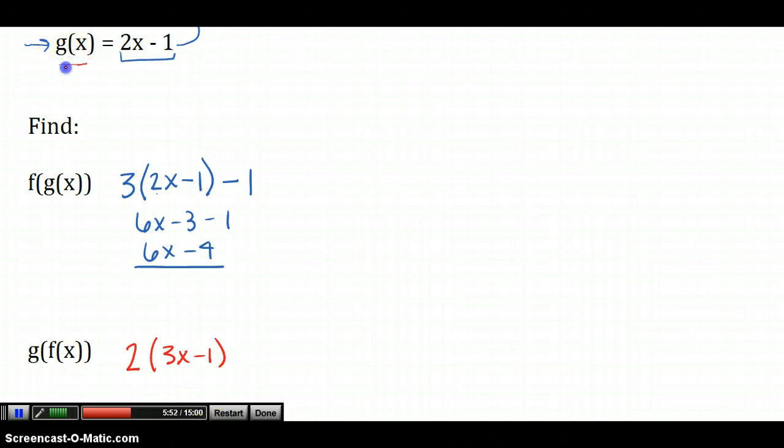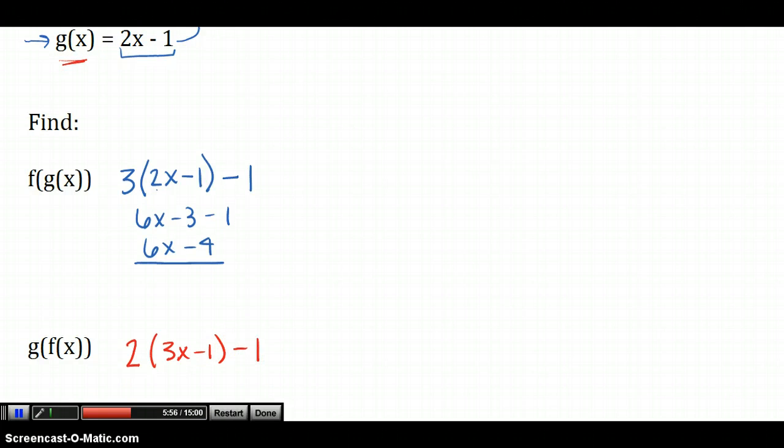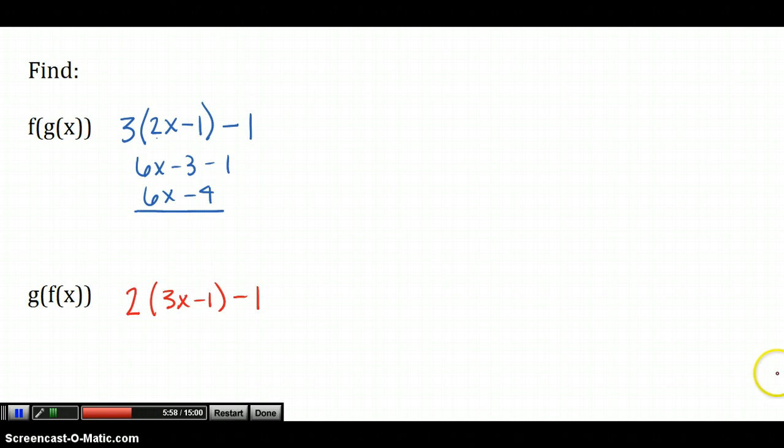And now finish the g of x. So I had 2x minus 1, so I have minus 1 on the end. So if I go ahead and distribute this through, I have 6x minus 2 minus 1, get 6x minus 3. Now I just said that f of g of x and g of f of x are not the same, and you can see right here, if we flip-flop those around, they're not the same.